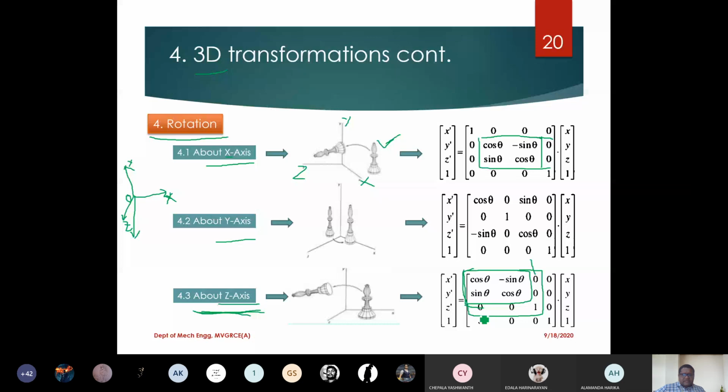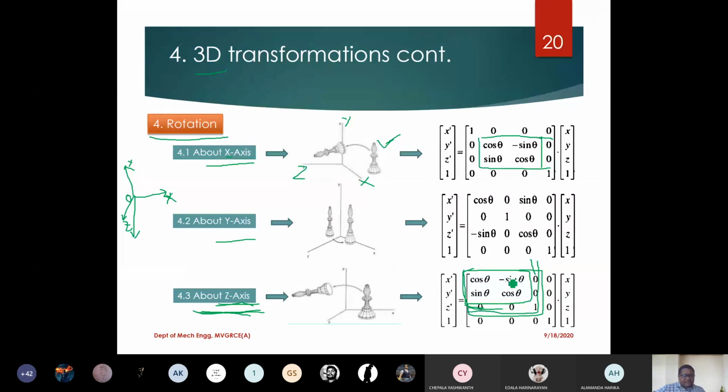That is for the purpose of homogeneous representation, we are getting those fourth columns and all. So basically, we are playing with the first three in case of a rotation. So if you're rotating about the z-axis, the third row and third column are filled with the zeros and ones, and the remaining are filled with these cos theta, sin theta terms.